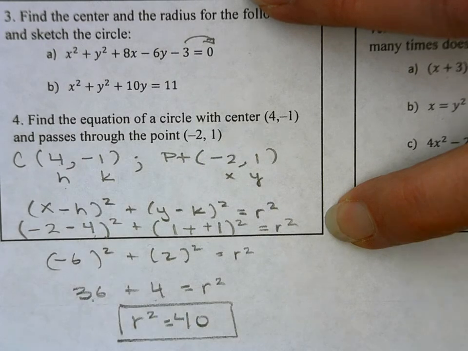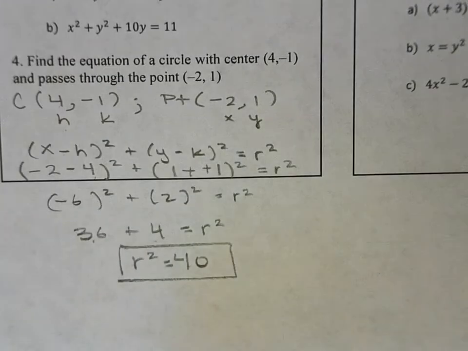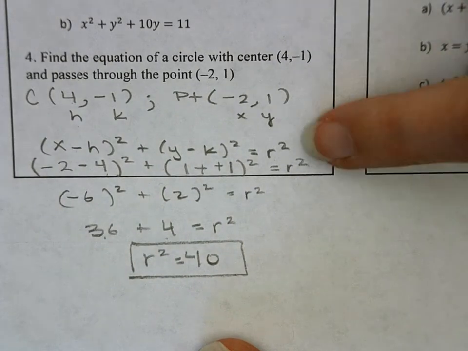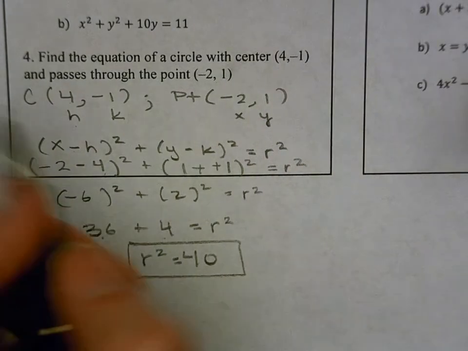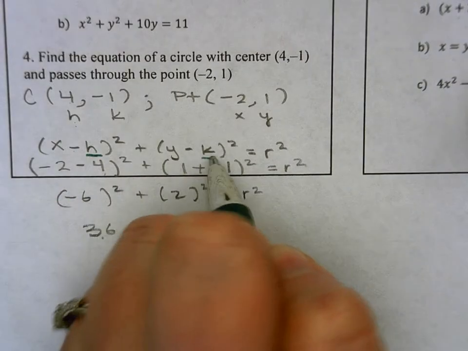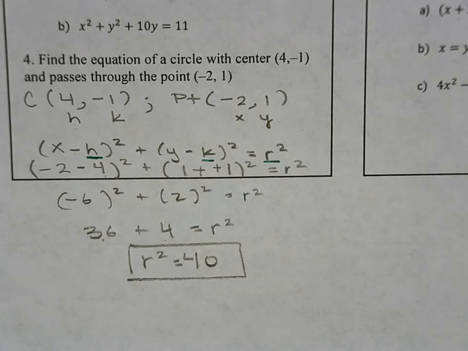And that's not my answer, right? That's just telling me what my radius squared is. And so to actually come up with my solution, I take this equation here, but what I need to do is I need to replace my h, my k, and my r squared term, right? Those are the values I need to replace. So this will get a number, and then my x and y will stay x and y, because those give me any point, right, on the circle.